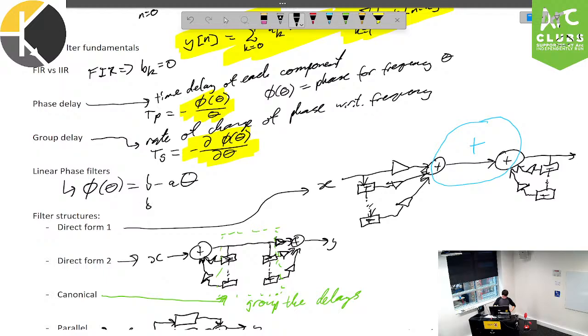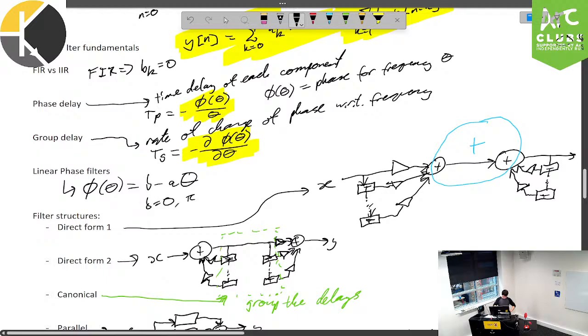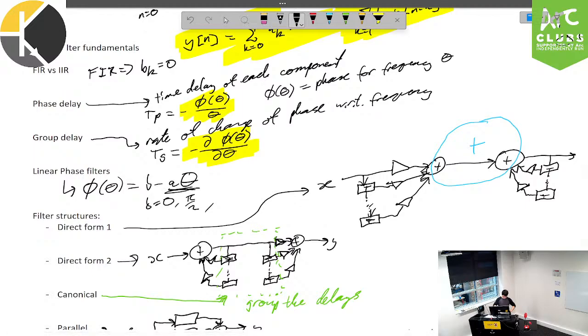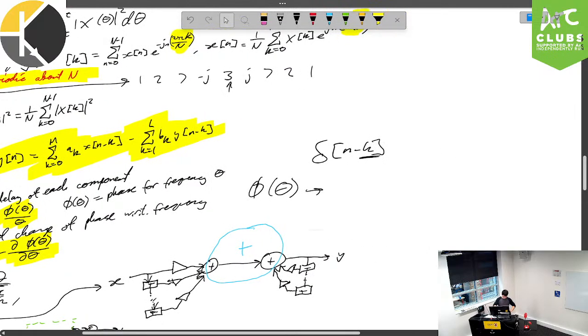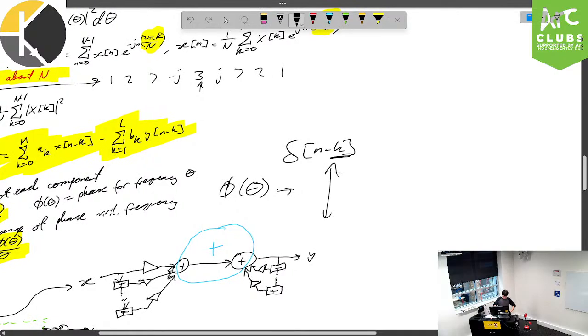I guess this brings us to linear phase filters, where they have a couple of interesting properties. Typically, we find b either equals 0 or pi on 2. But the main thing we want to talk about is going to be this expression right here. By having our group delay essentially just being a constant, what we observe, especially in the case of b being equal to 0, is you get a function phi of theta looking very much like some manner of straight line.